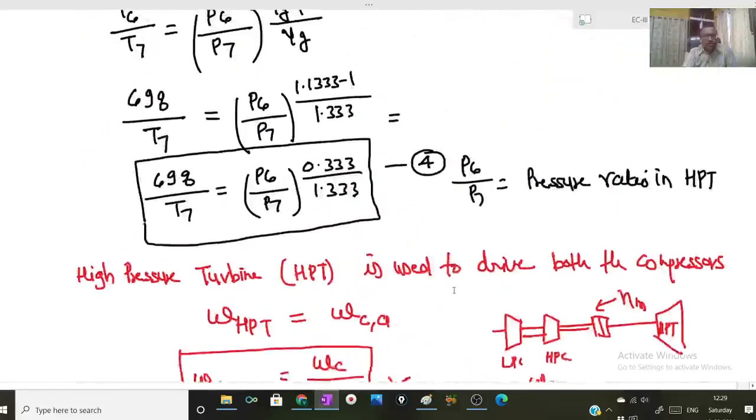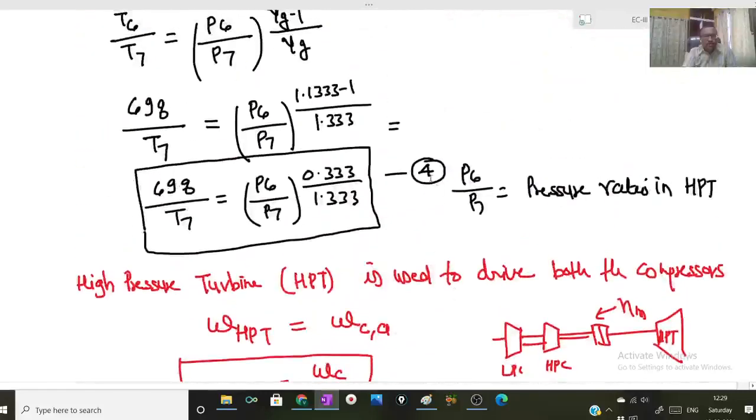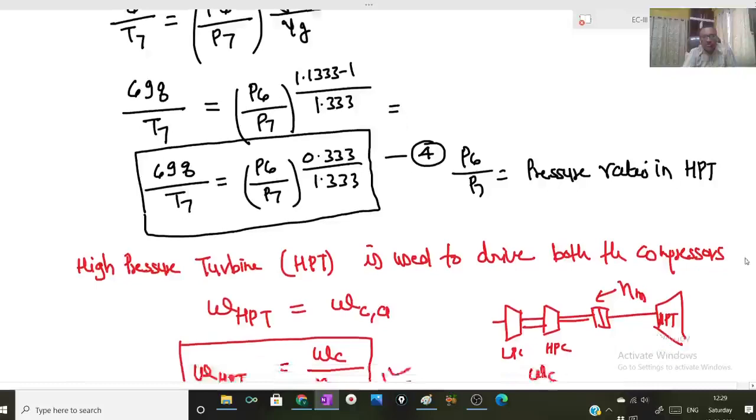So now I can recall the equation number 4 to get the value of this pressure ratio P6 by P7.